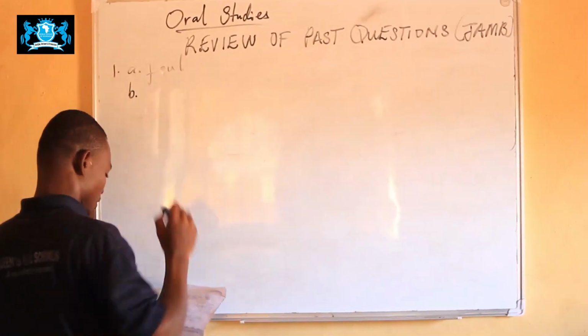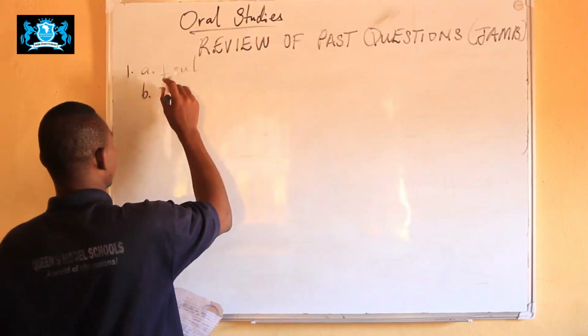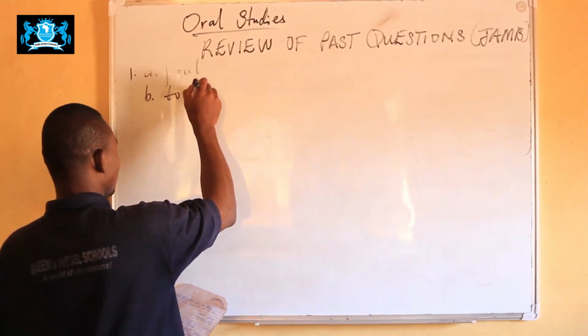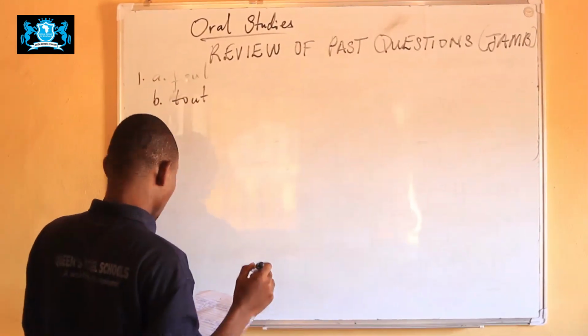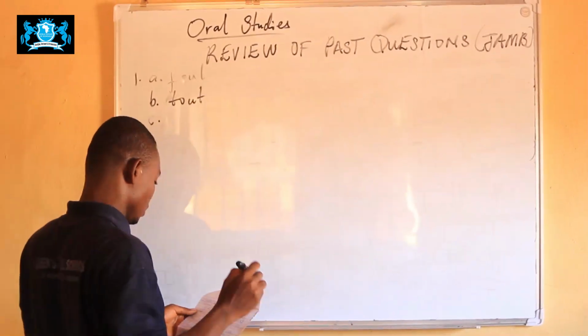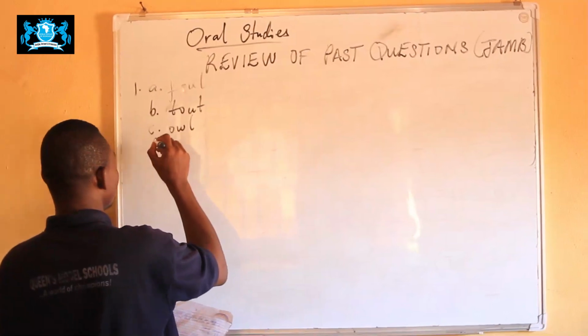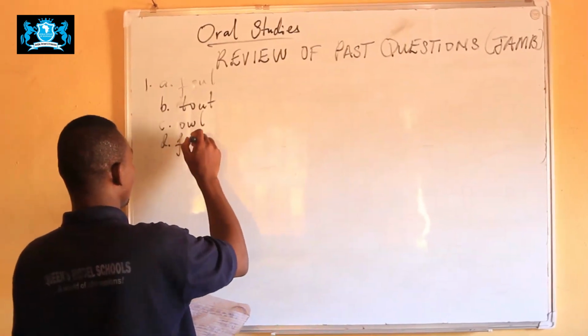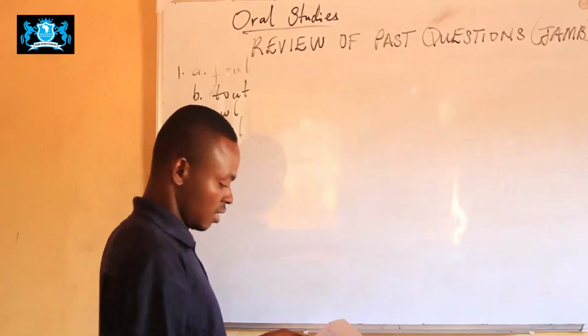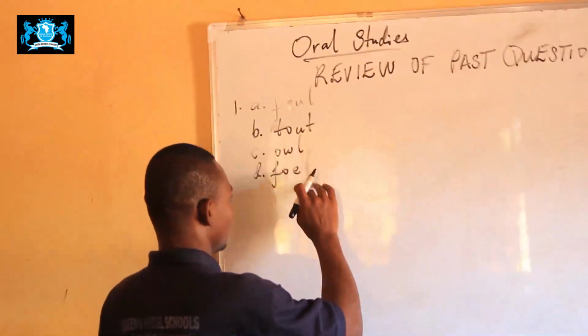B is T-O-U-T. C is O-W-L, and D is F-O-E.